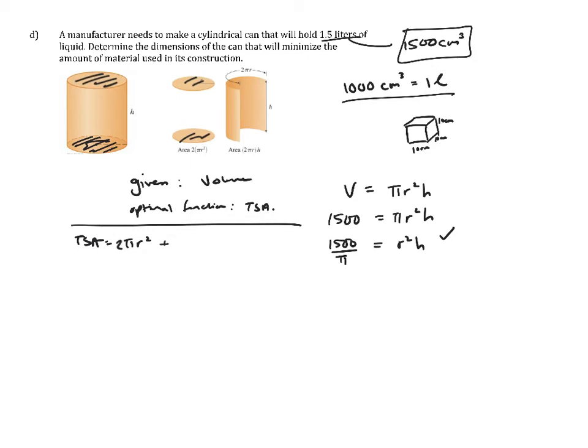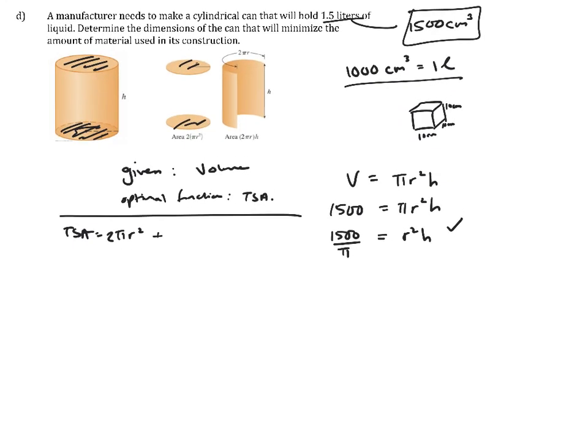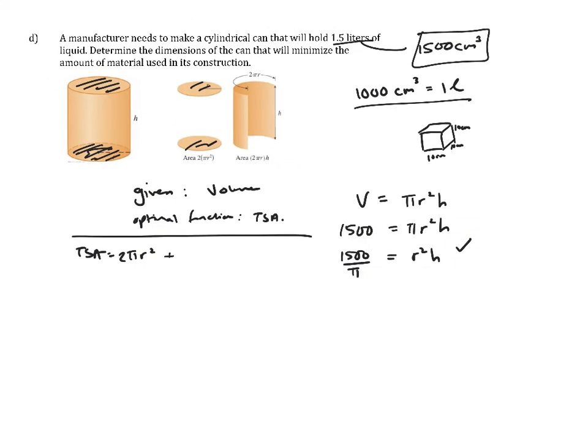What is the outside? This whole part around it is actually the circumference times the height. So you actually get a lovely rectangle like this. This is the circumference of the base circle, times the height.